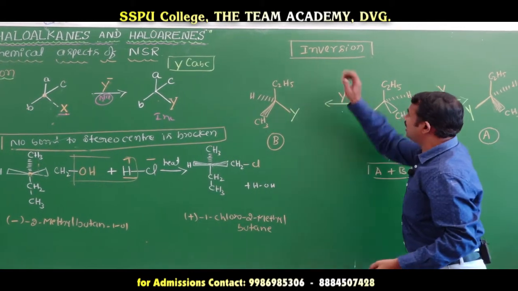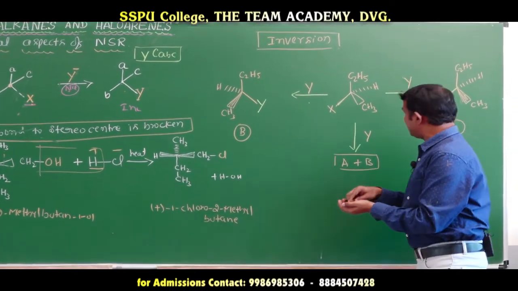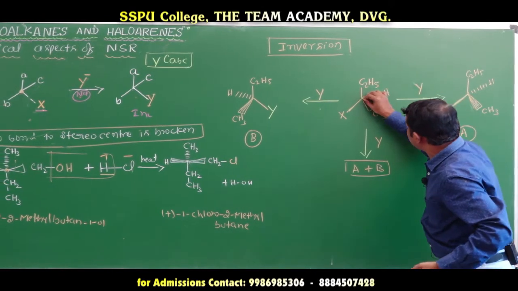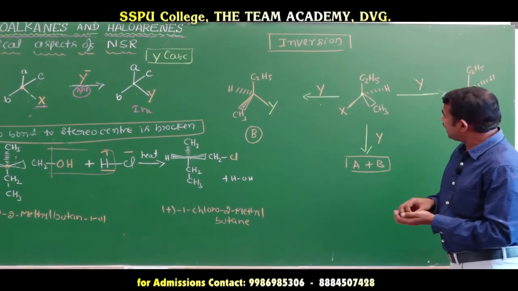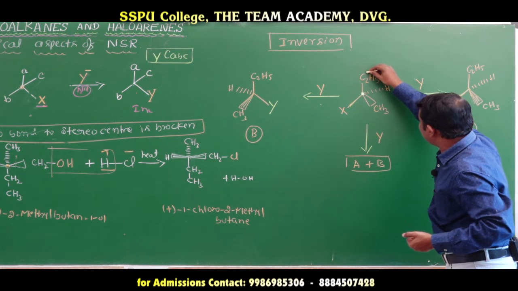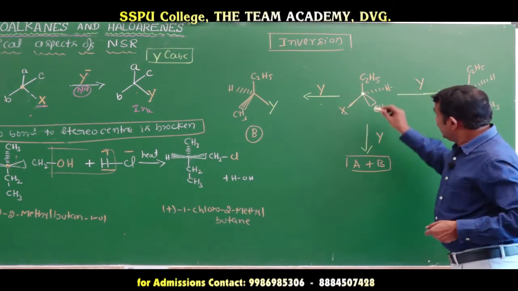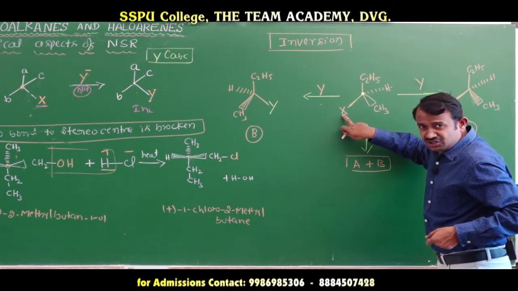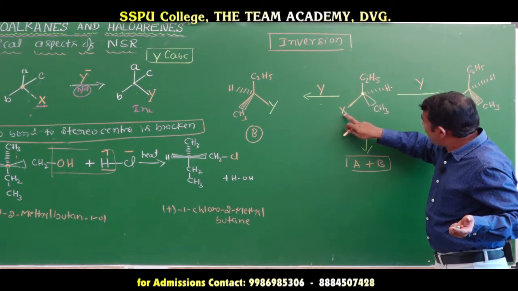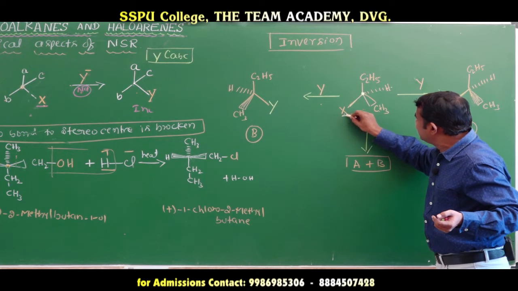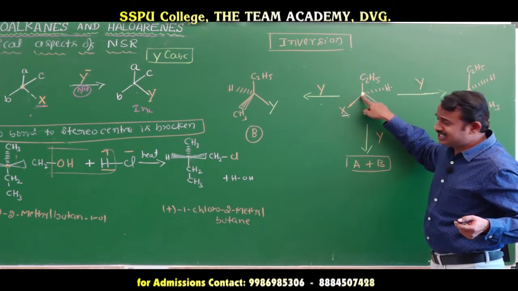For inversion of configuration, suppose I take a stereogenic compound, a carbon atom containing four different groups A, B, C, D, with a halogen X attached at the stereogenic center.